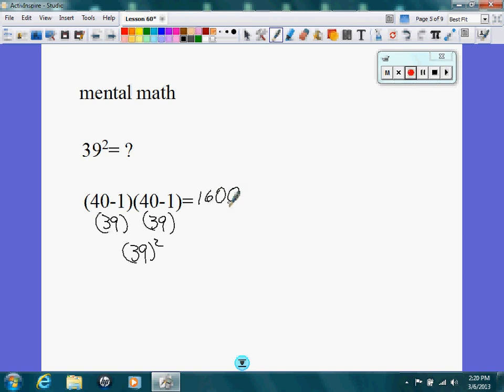And then minus the first term times the second term, that would be 40. And then we have two of them, so minus 80. And then the last term times last term, or minus 1 squared, would be plus 1. Okay, so 1600 minus 80 would be 1520, plus 1 would be 1521. So we just squared 39 more or less in our heads.